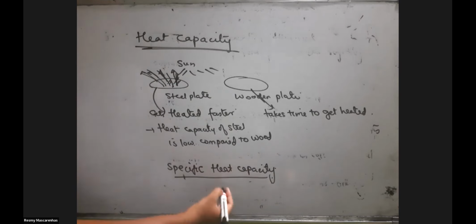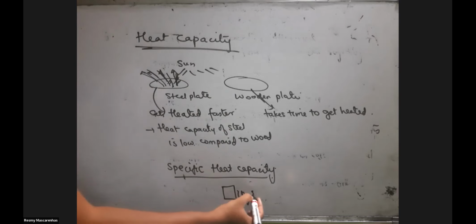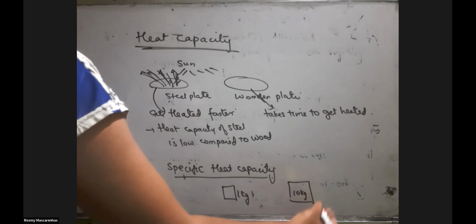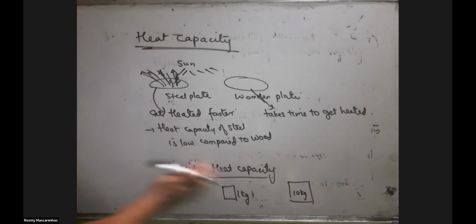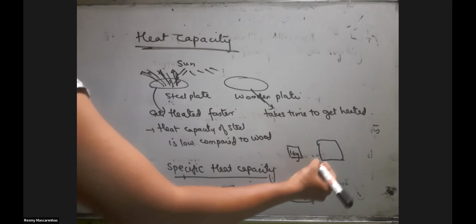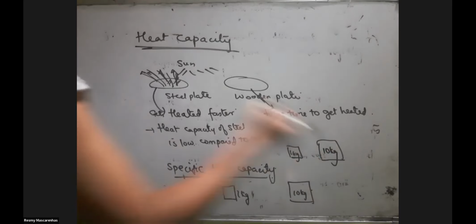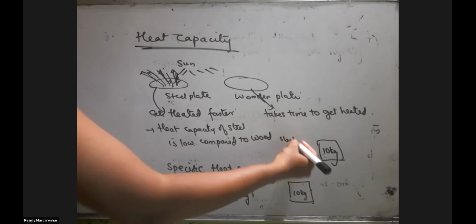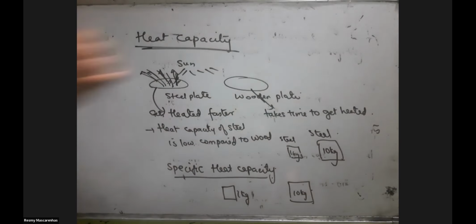If I have a block of, suppose, 1 kg, and if I have a block of 10 kg, before that also, if I consider heat capacity of 1 kg, suppose wood or steel or any object, consider steel only, and you keep it under the sun.